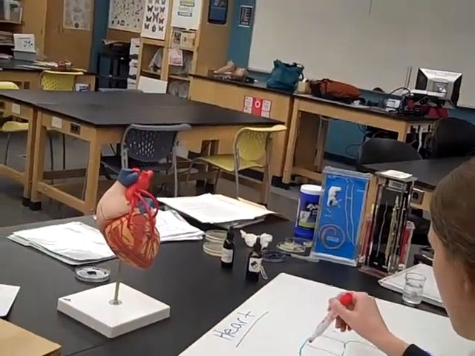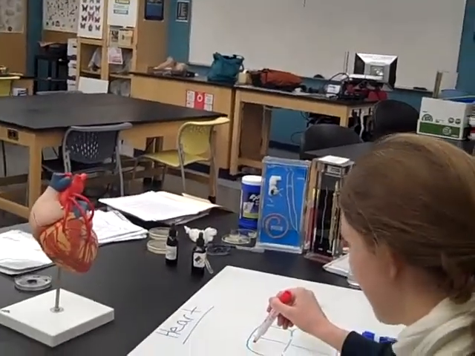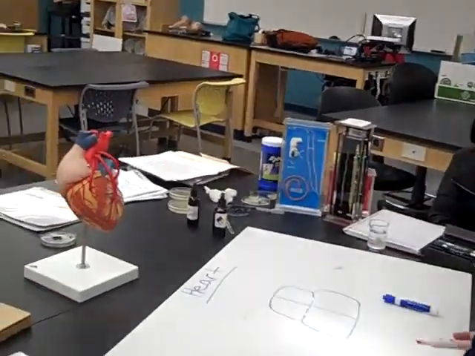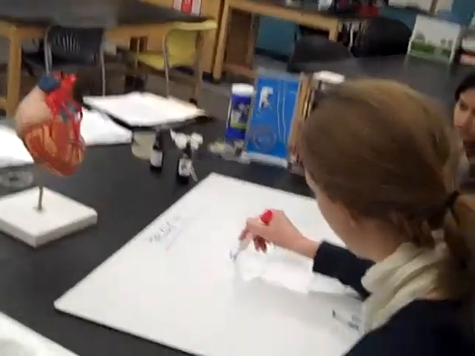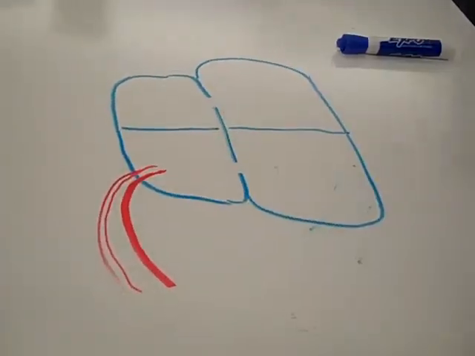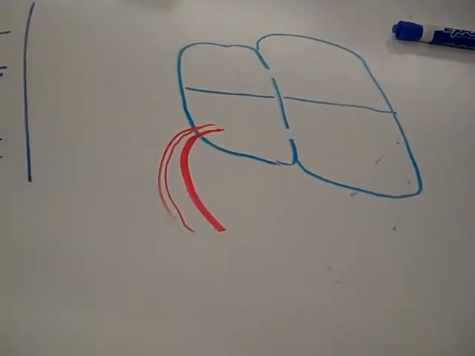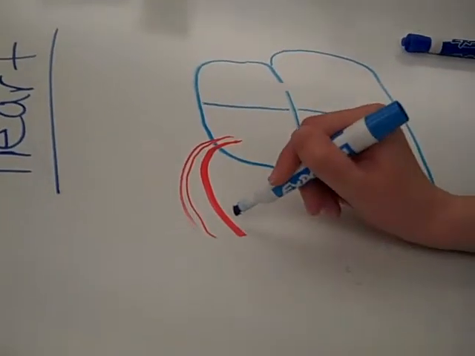That's a good idea. Just make a blood vessel coming out of there. Okay, make it like a little passageway, like a double. Make another one. Okay. Good. All right. And I want you to write on that, body. Just right near there, the body.